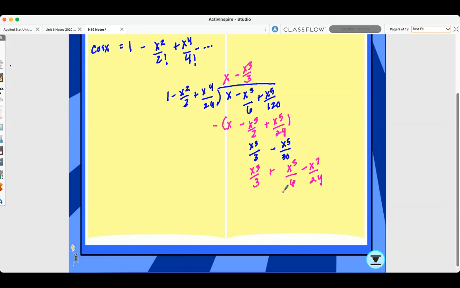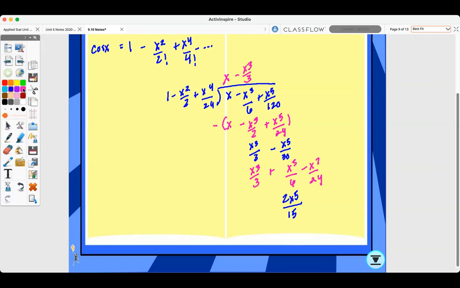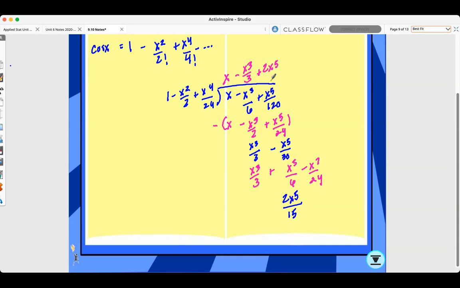So then I go ahead and subtract these out, and I get 2x to the 5th over 15. And I won't need to worry about subtracting this out because I know that this will be plus 2x to the 5th over 15.